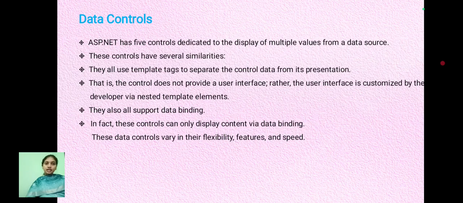That is, the control does not provide a user interface; rather, the user interface is customized by the developer through nested template elements. They also all support data binding. In fact, these controls can only display content via data binding. These data controls vary in their flexibility, features, and speed.